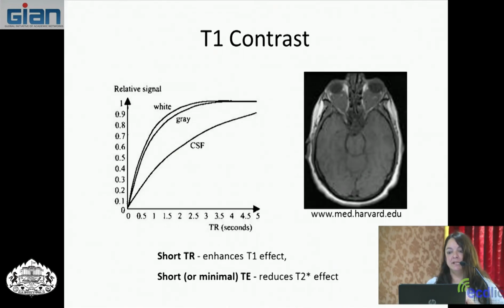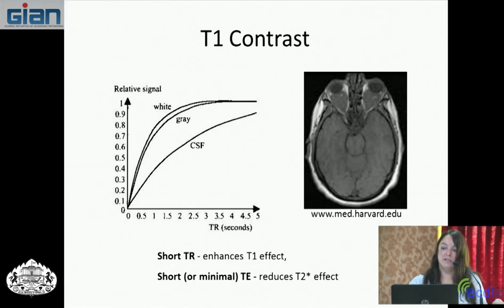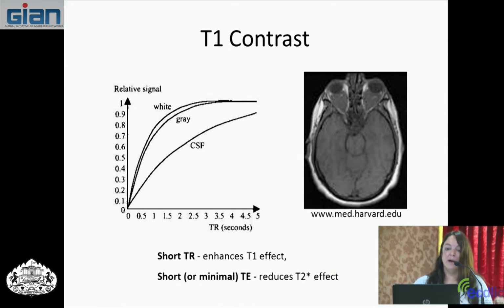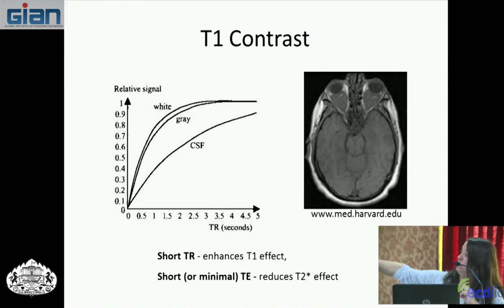Okay, so here's an example. This is called a T1 contrasted image. And in a T1 contrasted image, the CSF is generally black. You can see here that the white matter and the gray matter are going back into the longitudinal plane more quickly than the CSF.